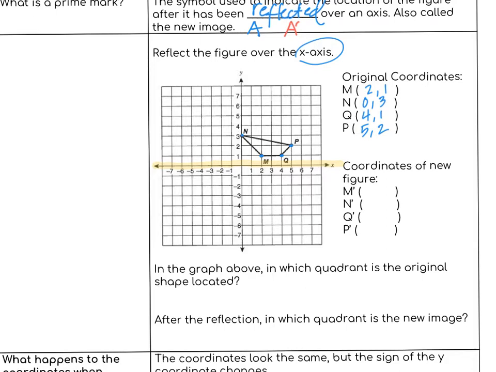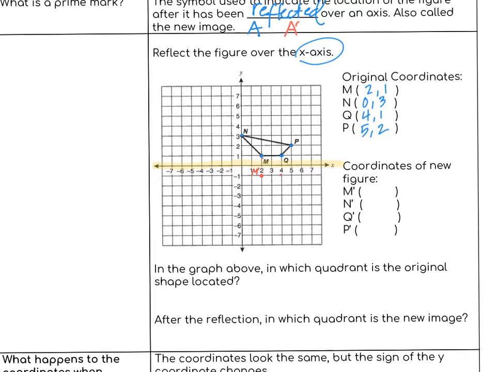Okay, so now I'm going to reflect this figure. So I see that my original M is just 1 away from the x-axis. So on this side, this new M or M prime should be just 1 away. It should be aligned vertically.